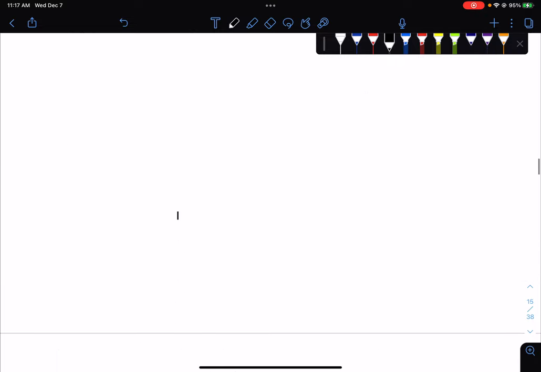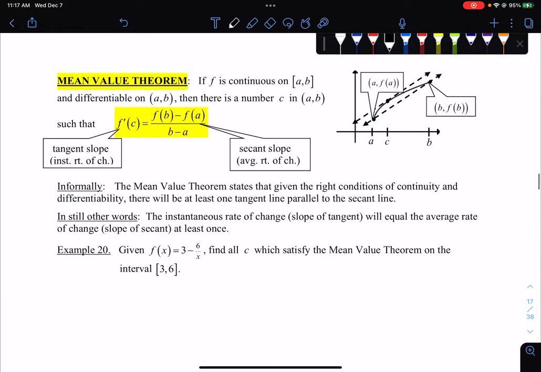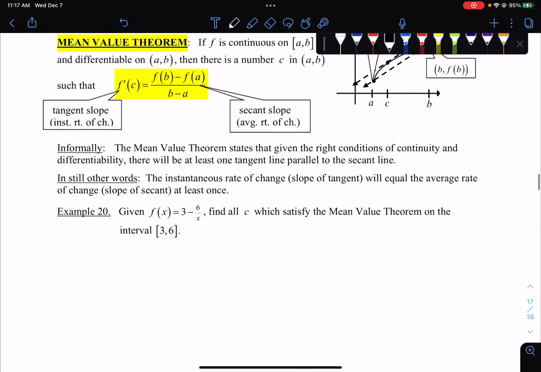Okay, mean value theorem. Ignore all these notes. Here's what I need you to understand about the mean value theorem.